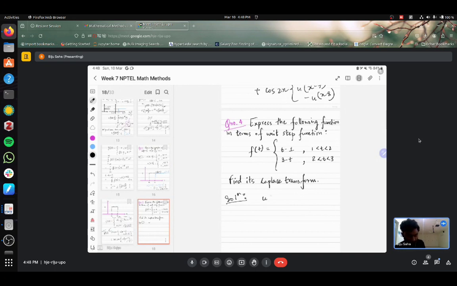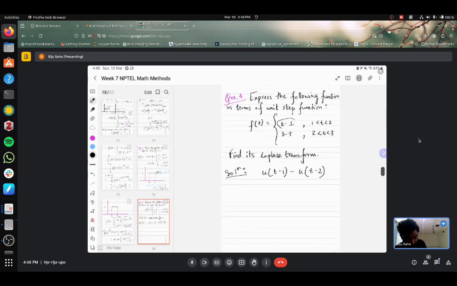So it will have u(t minus 1) minus u(t minus 2). That is one term I need of the step function. So that will couple with this particular part.